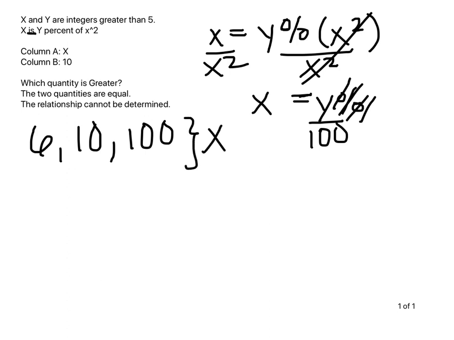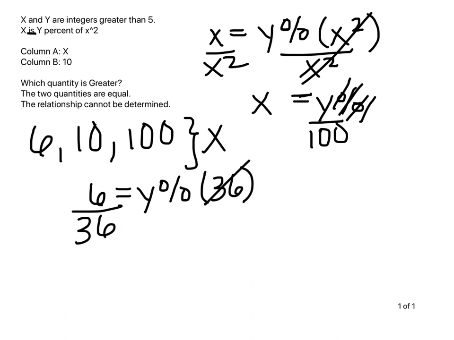So if we plug in 6, that means that 6 is greater than 5, and if we plug in 6 for the second statement, we get 6 is equal to y% of 36. Then we would divide this by 36 to get y by itself, and we would get 6 over 36.